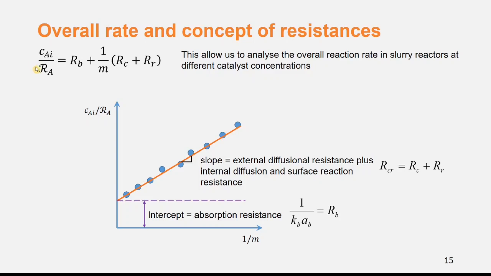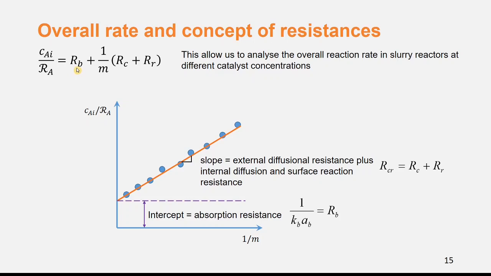This equation is very useful because we can use it to find out what the relative resistances are. You can see that CAI divided by the rate RA is linear in 1 over M. So if you do some experiments and plot CAI divided by the rate RA against 1 over m, the slope will be the combined specific resistance RCR, and the y-intercept will be the resistance to gas absorption RB.